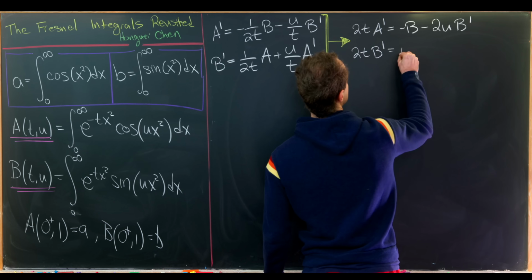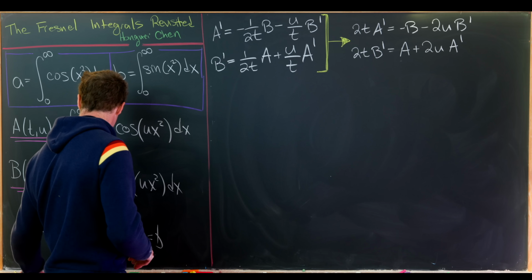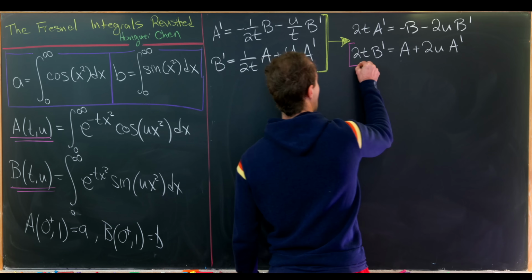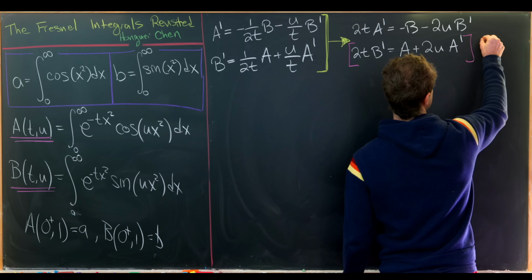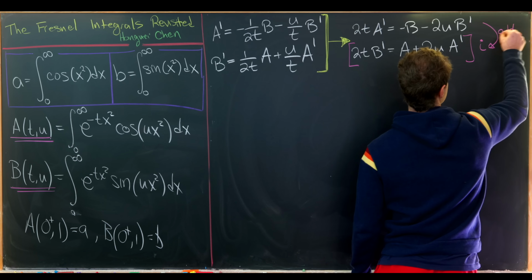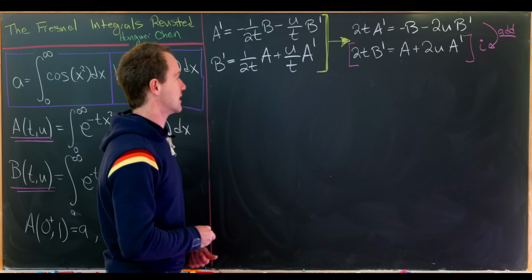Okay, good. And then next up, I'm going to take this first equation, leave it as is, and then multiply this second equation by i and add them together. So like I said, I'm going to multiply this by i and then add. And let's see what that leaves us with.